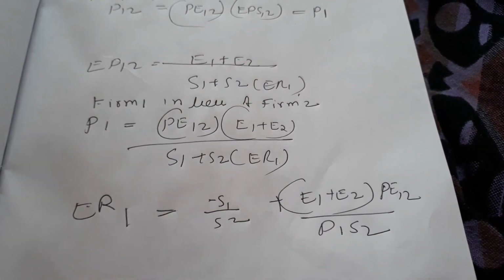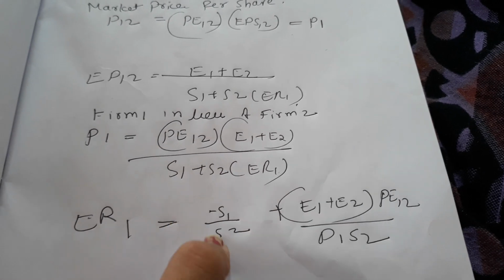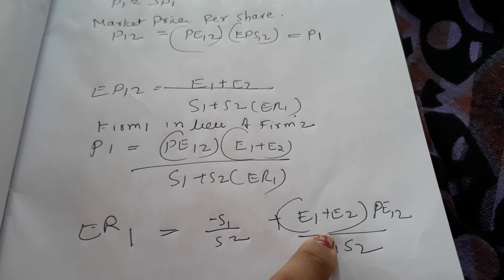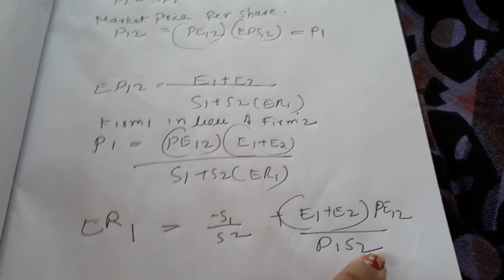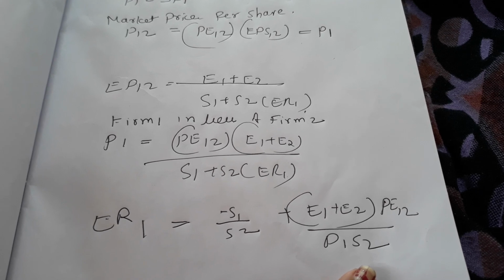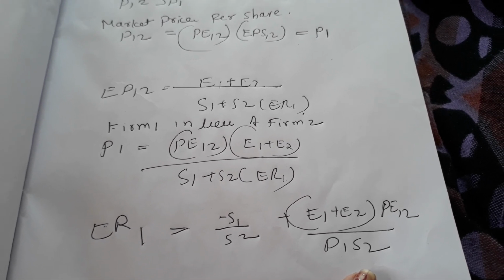Now from this we can derive the formula for ER1: S1 by S2 plus E1 plus E2 into PE12 divided by P1 S2.